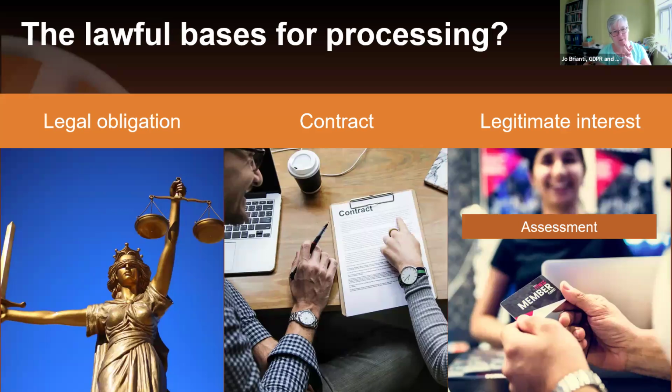So let's have a little think about the legal basis for processing. So now we're going to drill into GDPR, right? And to process personal data, you need to have a legal basis for processing. Now, I'm only going to talk about four of them because the others are not, I don't believe, relevant in our world.